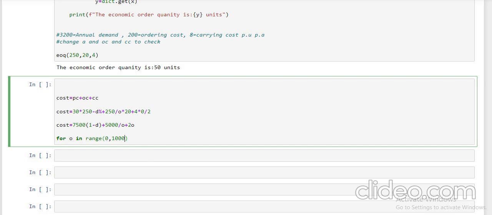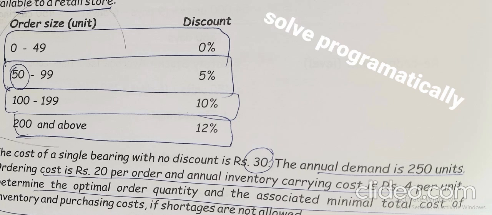You can just calculate 4 to 5 values, but this is the real strength of the computer, that you can go through each and every value to compute the cost. So what this means is we are taking values of O, the order size, from 0 to 1000, each and every value. That covers our EOQ also and these other sizes. They are not expecting us to do that, but we can do this within a second and find out our answer.